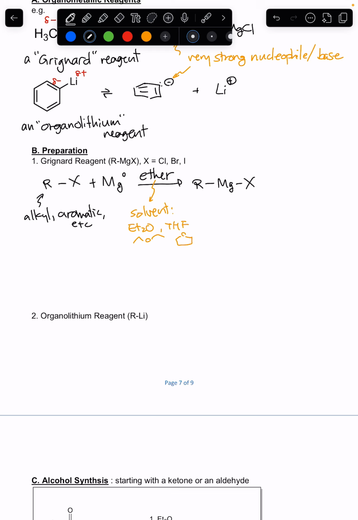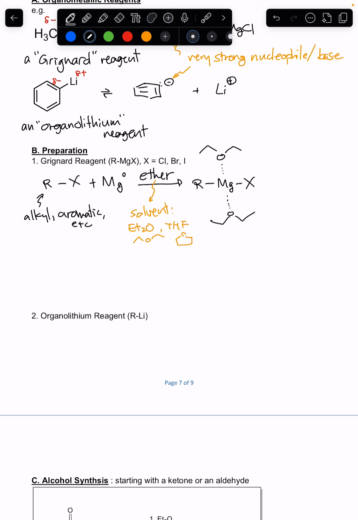But magnesium, because it's feeling the awkwardness of being bonded to the carbon, needs to be bonded to other things as well, like the ether. So it actually forms a tetra-coordination pattern like this.